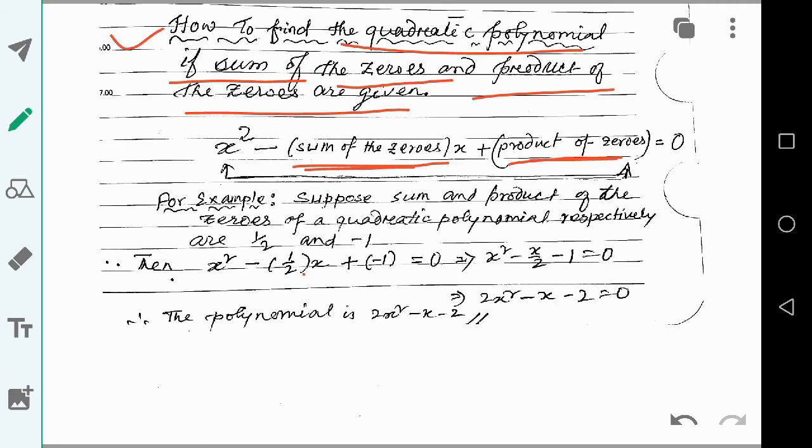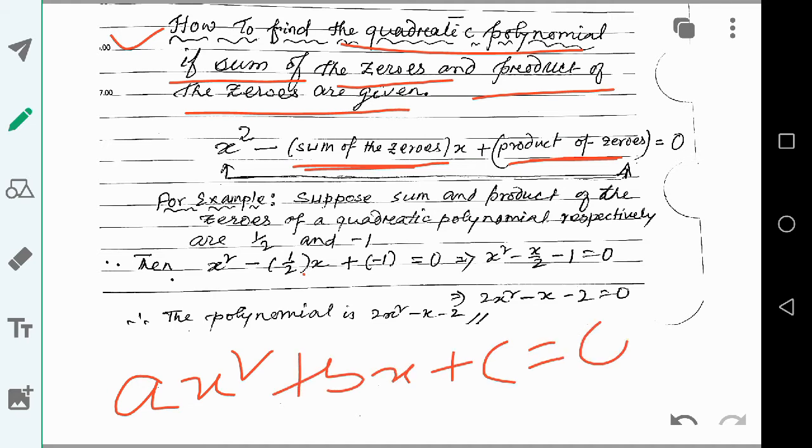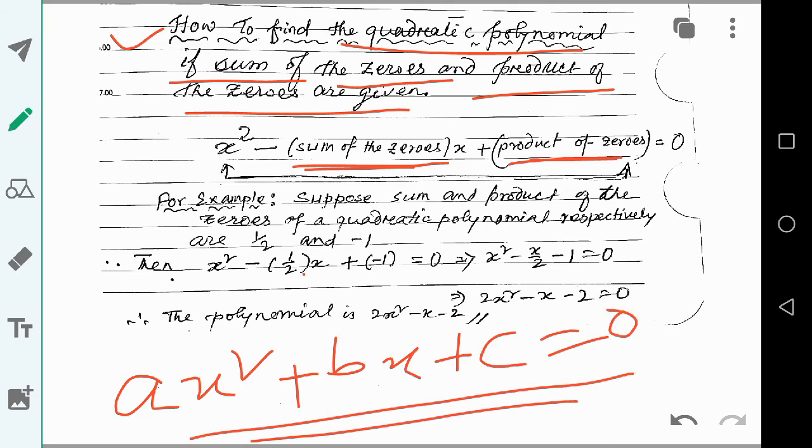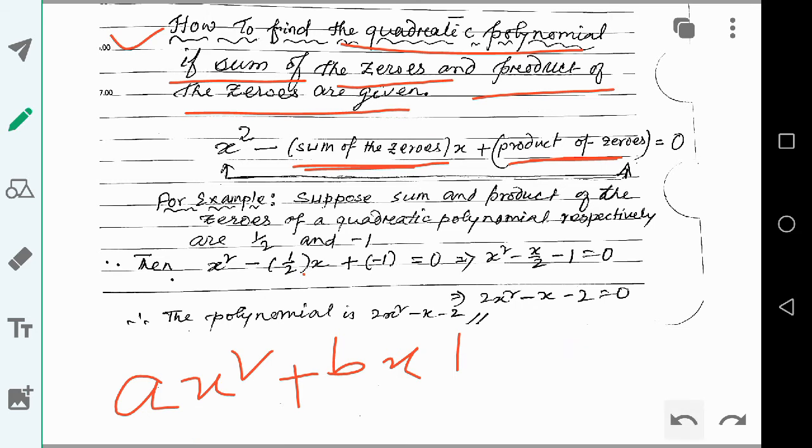This is the form of a quadratic polynomial, ax square plus bx plus c. When you write it equal to 0, then this is not a polynomial, now it is an equation. If you don't write the equal to 0 part, only then can you say it is a polynomial. First, let us obtain the corresponding quadratic equation.